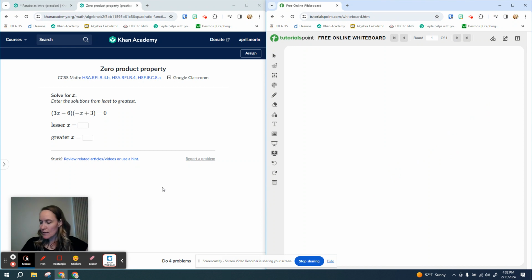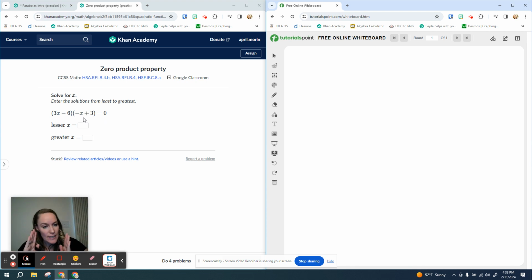So we're going to take this part. I have something here, 3x minus 6 times something equals 0. If I can set any of these equal to 0, anything times 0 will equal 0.